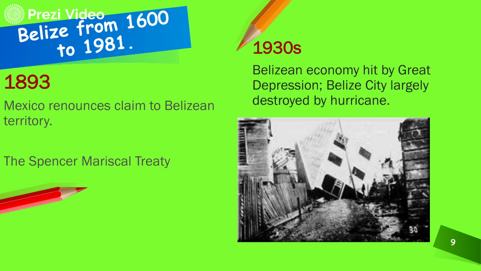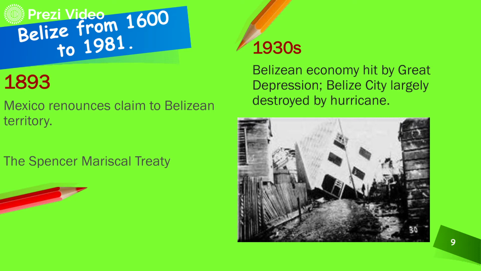Very good. In 1930 or the 1930s, something drastic happened, and this is the Great Depression. The Great Depression, boys and girls, affected the economy of Belize significantly. Now, during the 1930s, there was also a hurricane. At that time, it was just called the 1931 hurricane.